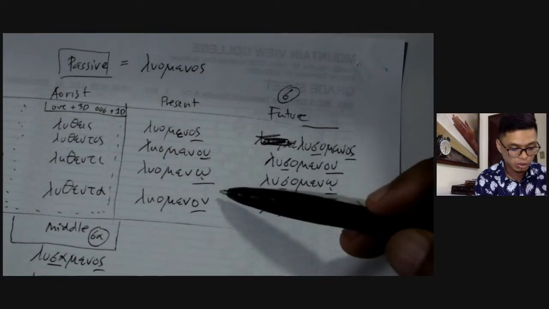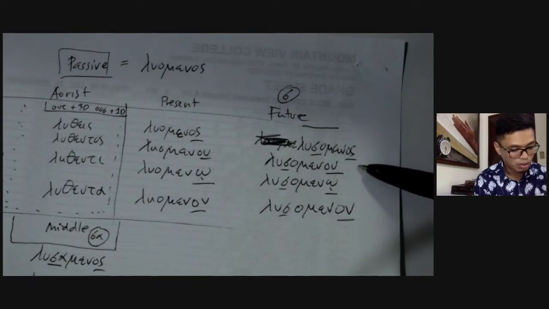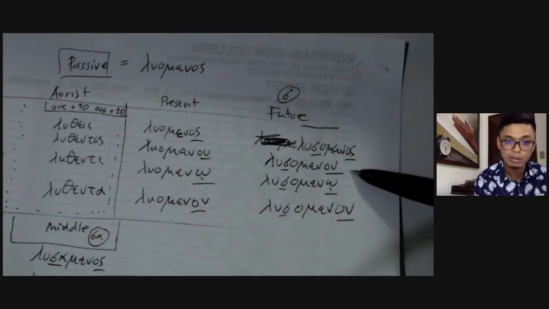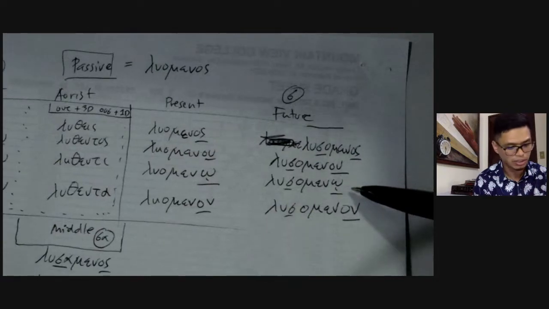Present, os, ou, on. Future, still the same. You just add sigma. Okay? So, instead of luomenos, you have lusomenos. Instead of luomenou, you have lusomenou. Instead of luomenō, you have lusomenō. Just add sigma, right? Very easy. So that's how you do it.